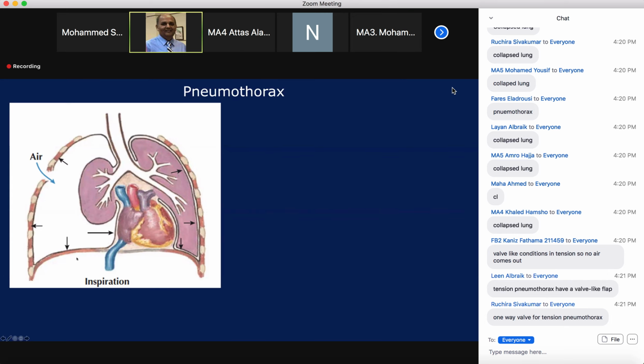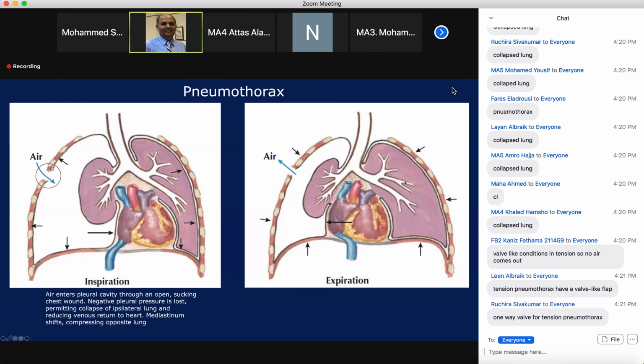I'm not talking about the one-way valve right now. So this is air coming in. Now just see what happens. This is inspiration. While this person is exhaling air out, you can see the big change. Now, when the air is going out, you can see the lung, and look at it, air also goes out.